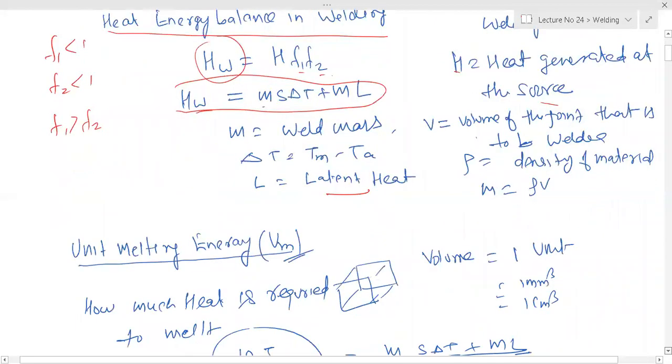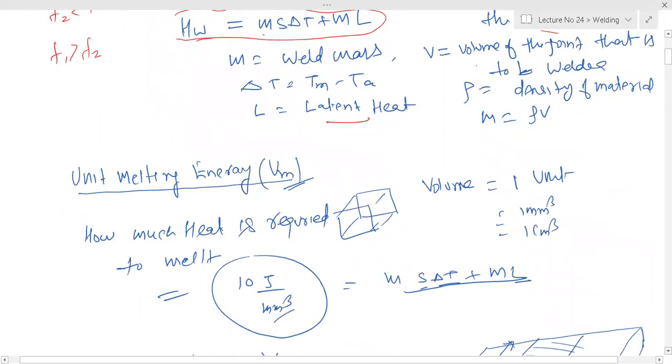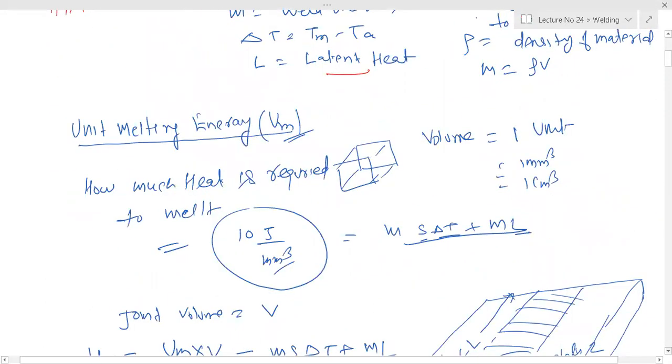Then we defined unit melting energy. Unit melting energy means the energy required to melt a unit volume of the weld. Generally, this is nothing but sensible heat plus latent heat, equal to rho C delta T plus latent heat, per unit volume.